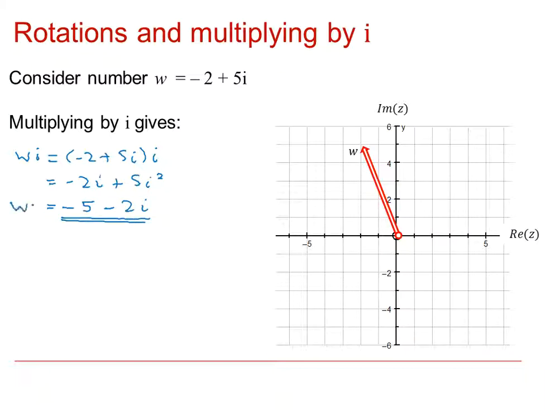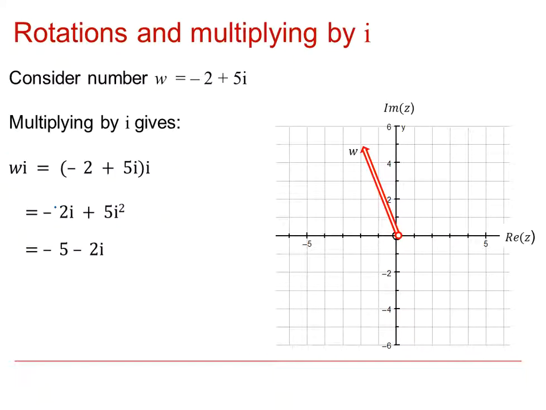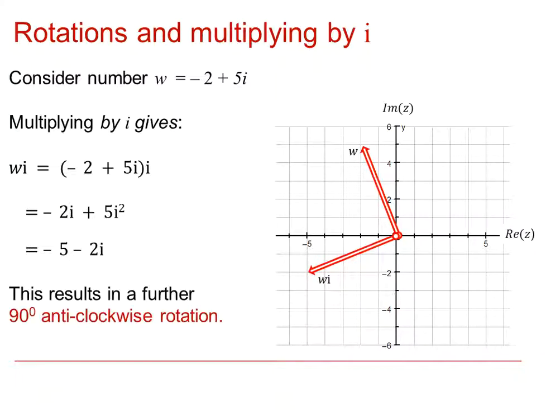So there's wi shown on the diagram, and this again has resulted in a 90-degree anti-clockwise rotation about the origin.